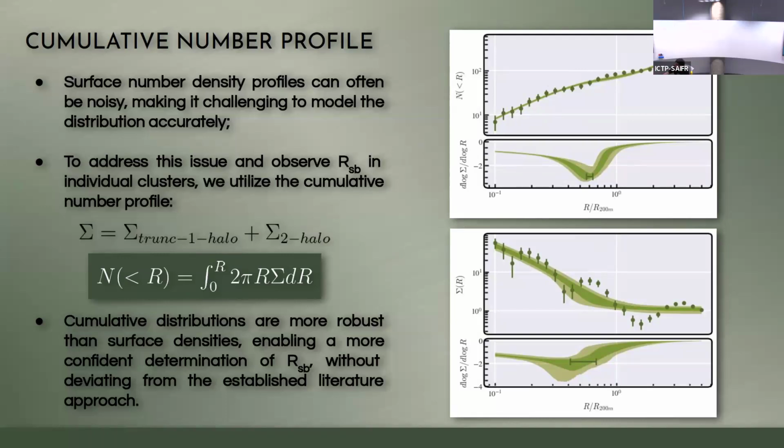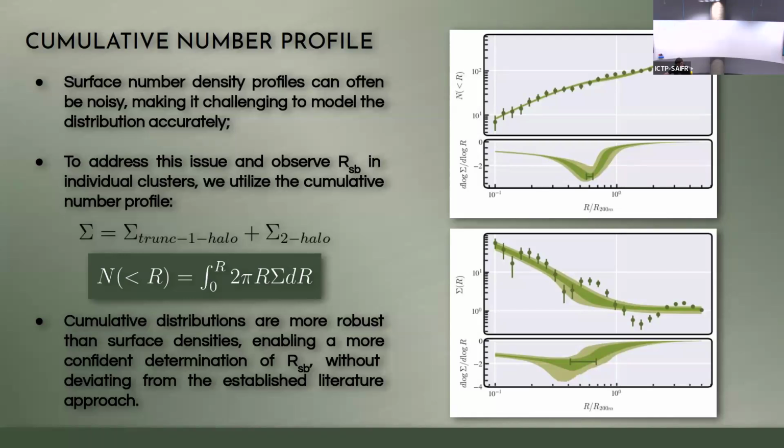Number density, by volume or by surface? By surface. So you integrate over a surface with a given radius. Yes, you find the cluster center and start integrating from the center, counting galaxies. It's an integral in projected radius.